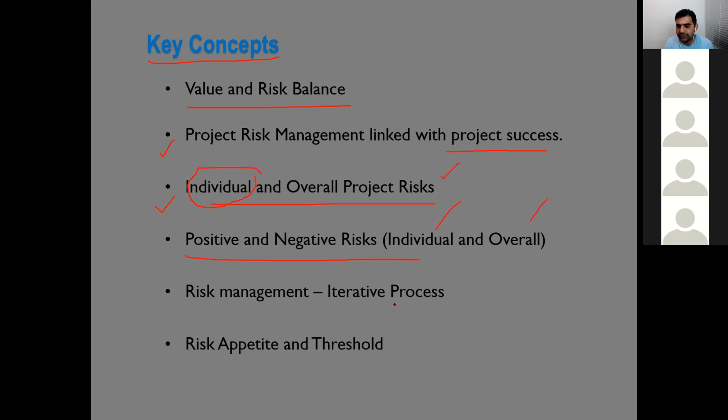We have also seen that our risk register is continuously reviewed and updated. It is just like an iterative process. We also had a look at risk appetite and threshold, and we determined the difference between appetite and threshold. Appetite is a range and threshold is a point, a specific point.